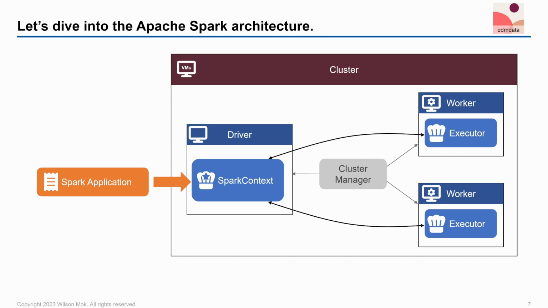Now, in the middle, we have something called a cluster manager. Essentially, its job is to make sure the worker VMs are available, just in case anything happens, if they die or we need to spin up new VMs. That's the cluster manager's job to take care of those responsibilities. They want to make sure there's a cook available to cook at the cooking station.